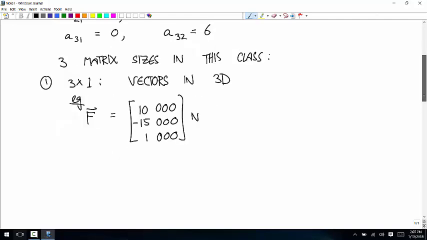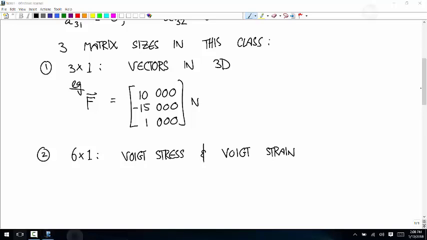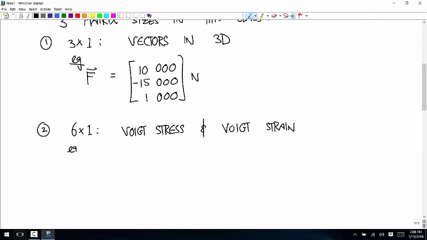Okay, second type, so that's a vector. The second type of matrix that we're going to see a lot is 6 by 1. We're going to see this as what's called the Voigt stress and also the Voigt strain.